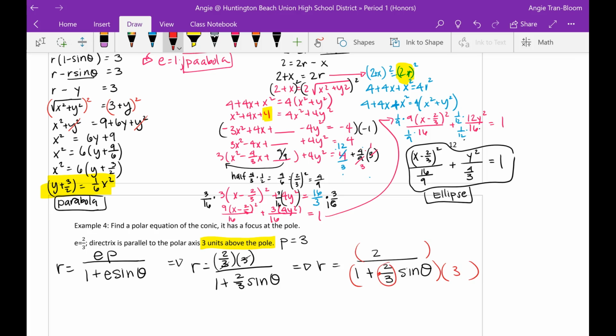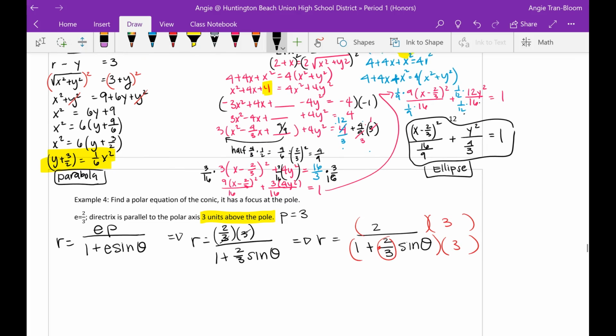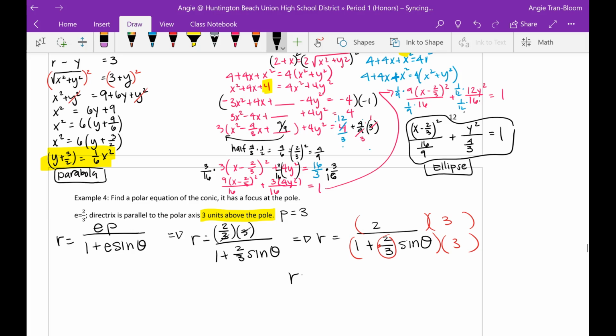What you multiply to the bottom, you have to multiply to the top. So your final equation is r equals 6 on the top divided by, not 1, I need to multiply by 3, so my bad, 3 plus 2 sine of theta. When I multiply these out, the denominators cancel, which is the whole point of multiplying by 3.